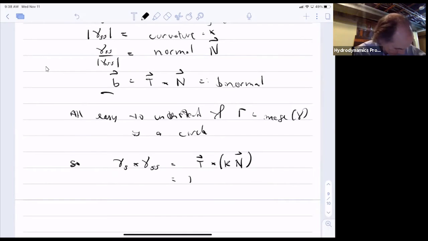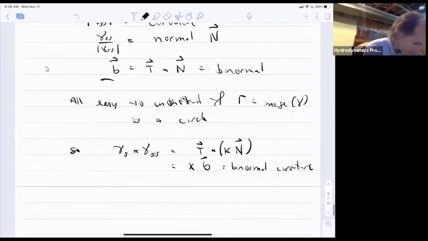So this is the unit tangent cross kappa times the normal, which is kappa times the binormal. So this vector, gamma s cross gamma ss, is pointing in the binormal direction, and its magnitude is the same as the curvature. Hence this equation.